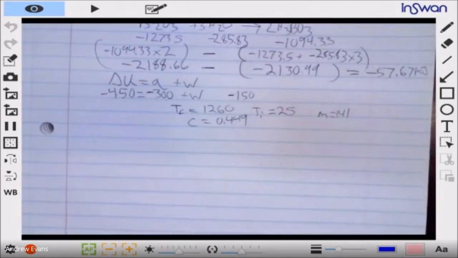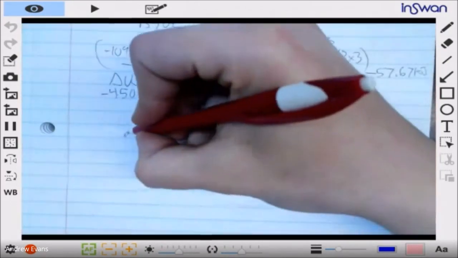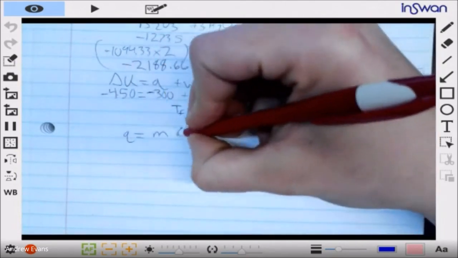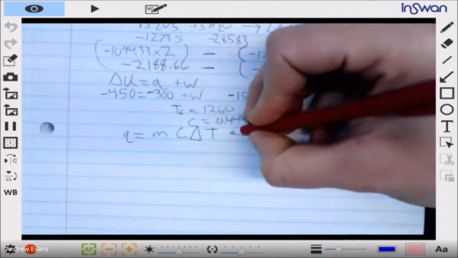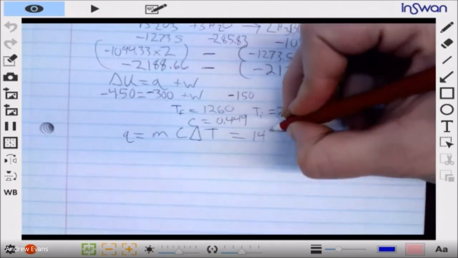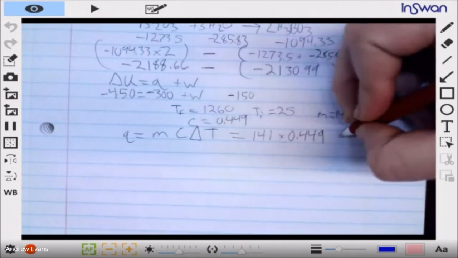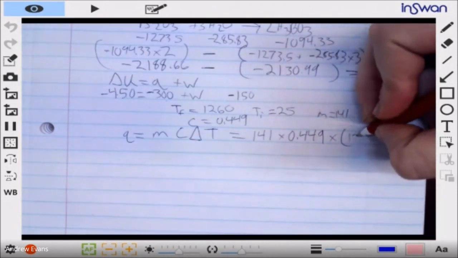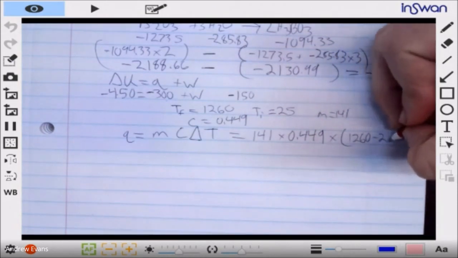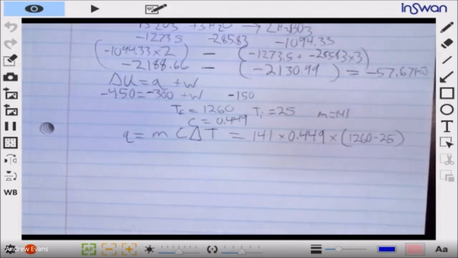So, with that in mind, Q equals MC delta T. We have 141, we have 0.449, and we have 1260 minus 25. Not meant to be difficult.